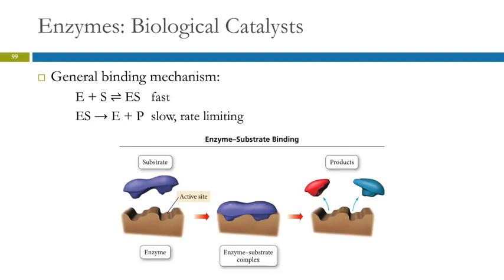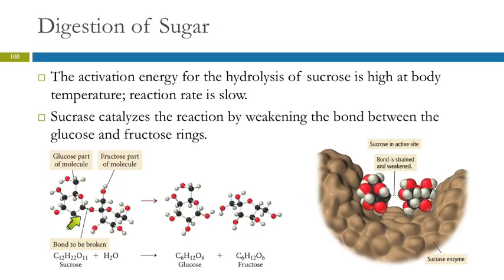Let's look at a specific example, the digestion of sugar. So, table sugar is sucrose. Sucrose is a disaccharide. So it's actually two different sugars bonded together.